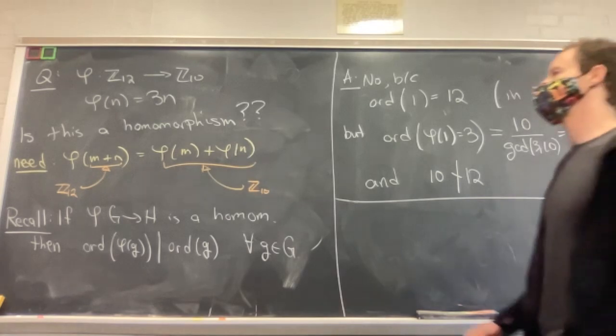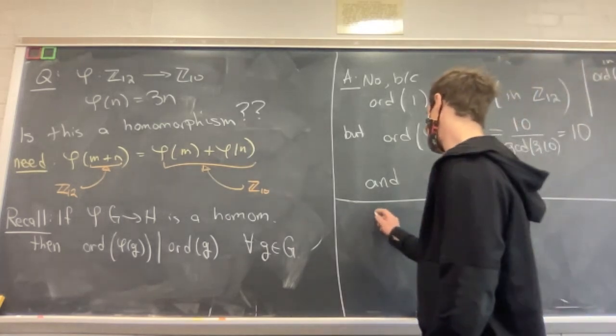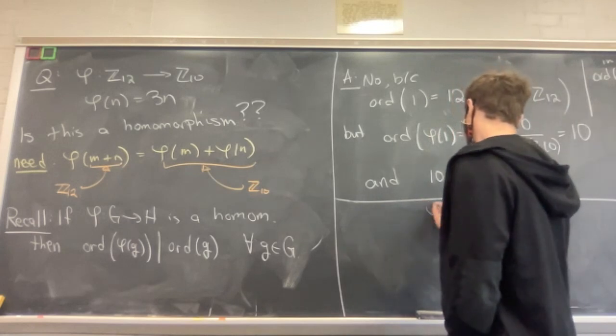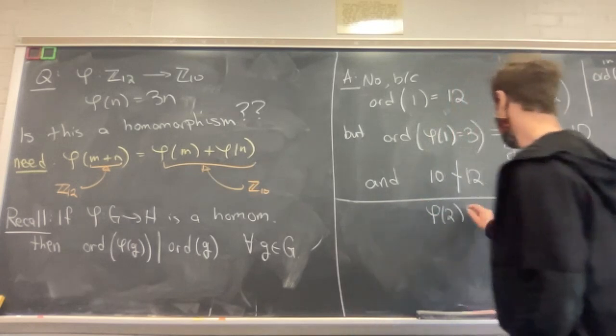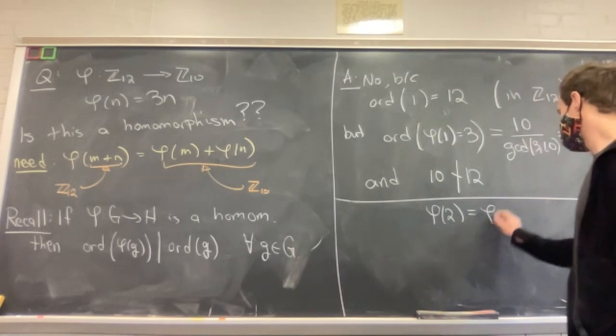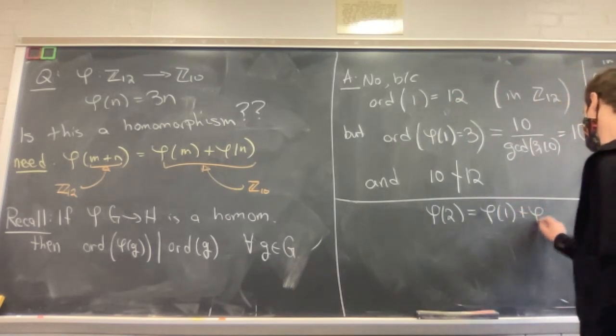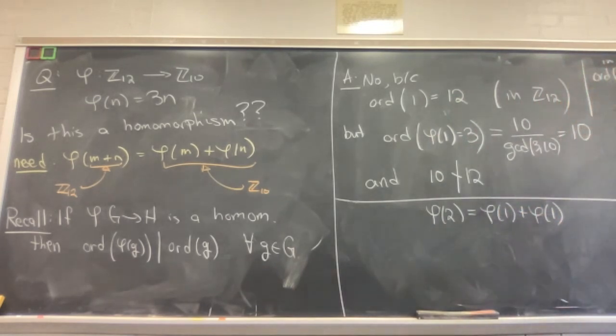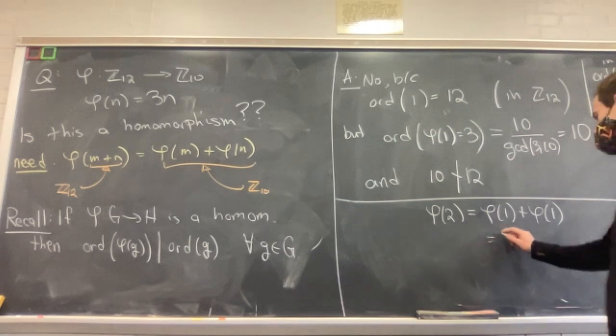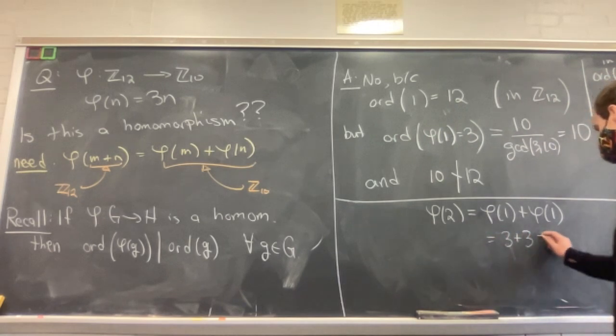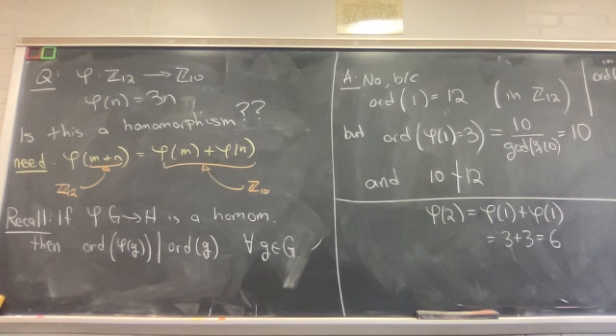Oh, I know. You can do almost anything here. So let's say we have phi of 2. That should be equal to phi of 1 plus phi of 1 if it's a homomorphism. That's 3 plus 3, which is equal to 6 in Z10.